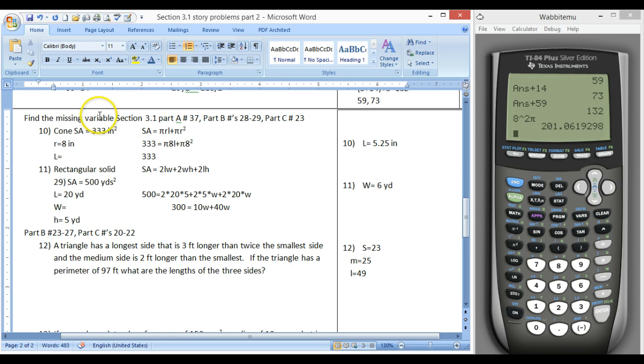Okay, and then I have my next step, 333. Now that is no longer 8 squared times pi. This is 201.06. So I can replace that, but I'm not going to replace it here. I'm going to come down here and subtract it. But I'm not going to subtract it as 8 squared pi. I'm going to go ahead and subtract it as 201.06.